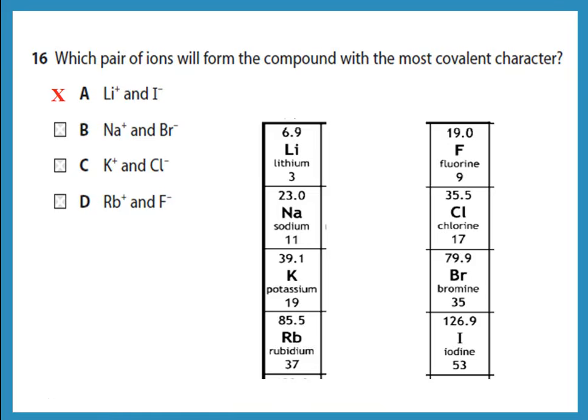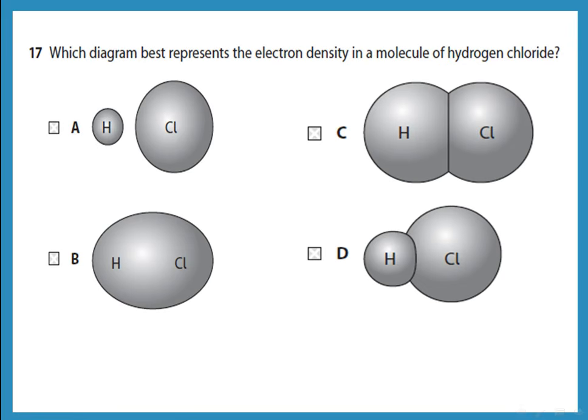Okay, which diagram best represents the electron density in a molecule of hydrogen chloride? Remember, hydrogen chloride is a covalent compound. So A is wrong. If they're separated like this, that's ionic. That does not apply to hydrogen chloride. C also is wrong because they're not the same size of atoms.